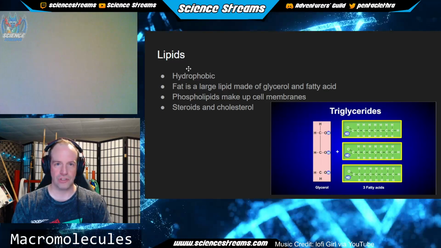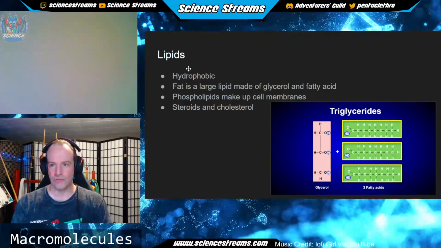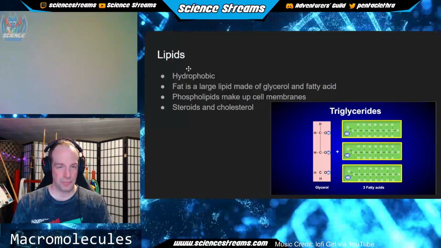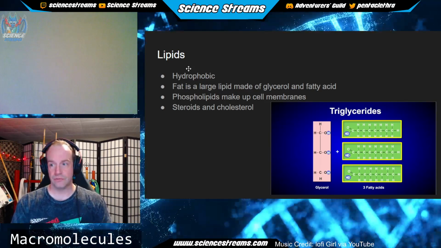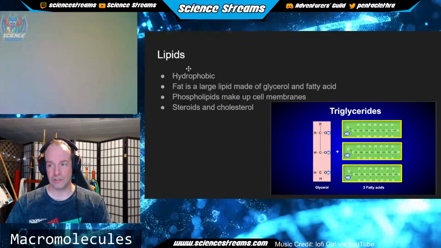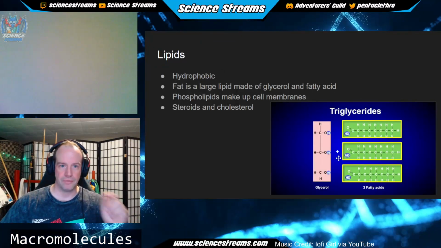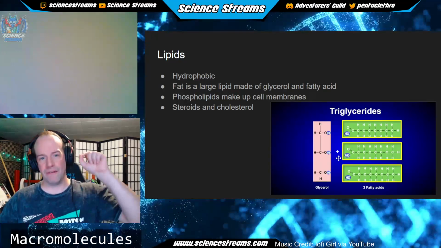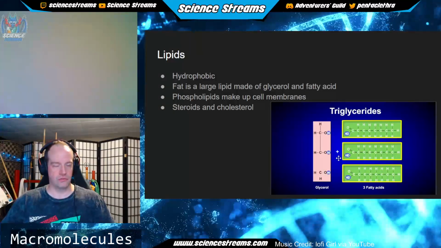So this is going to be tricky sometimes when you get a question on a test or a quiz talking about lipids and the primary elements that they're made of. Okay, so generally they're just made up of carbon, hydrogen, and oxygen, like we can see in the picture here. But occasionally, if you're talking about a phospholipid, of course, it'll have that phosphate group.